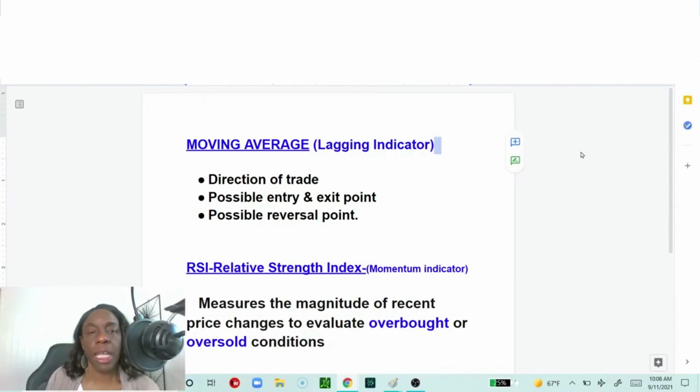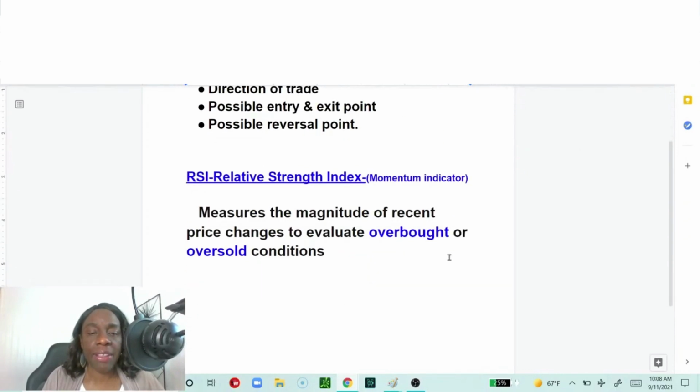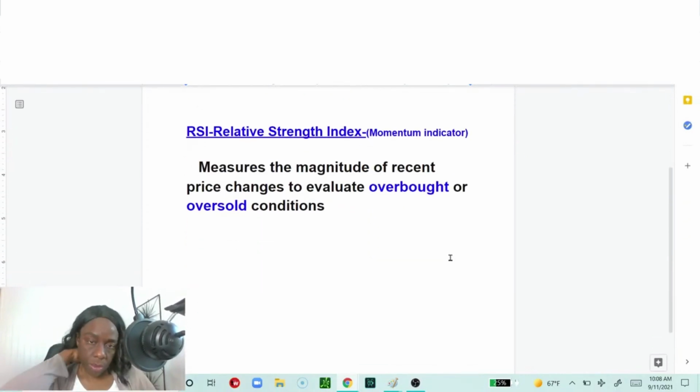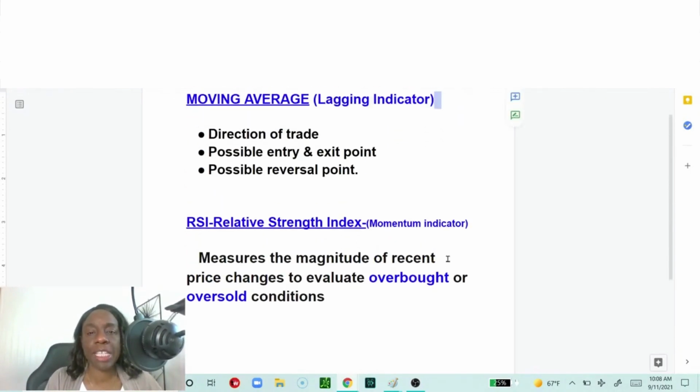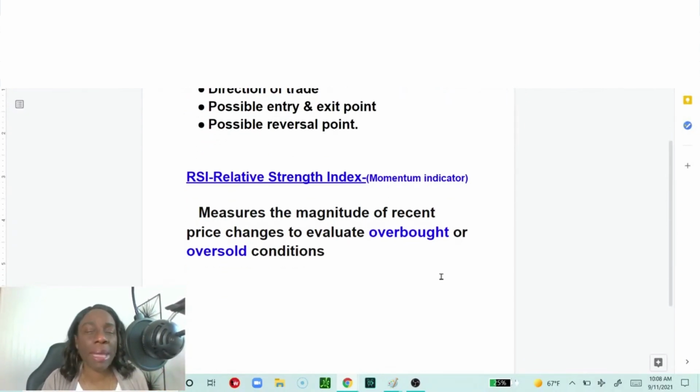Okay. The RSI, on the other hand, where the moving average is a lagging indicator because it shows average price from previous periods, the RSI is a momentum indicator.